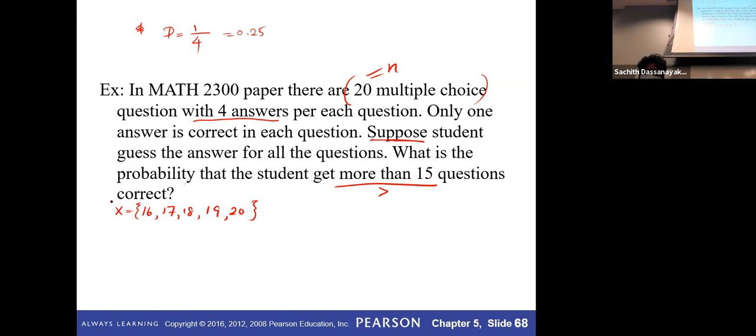Like P(X=16), find this. P(X=17), find this one, up to P(X=20). There is no other way out. Finally add these, how many? 5. Then you can get the answer.